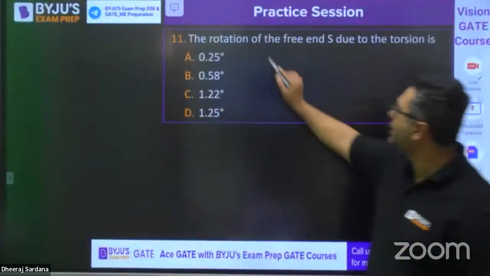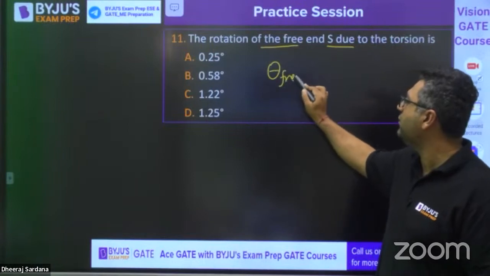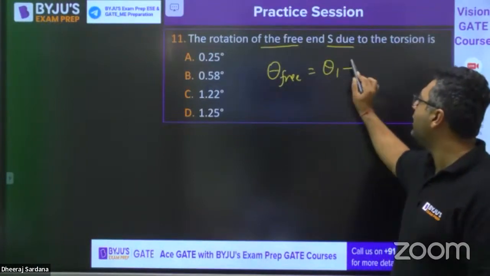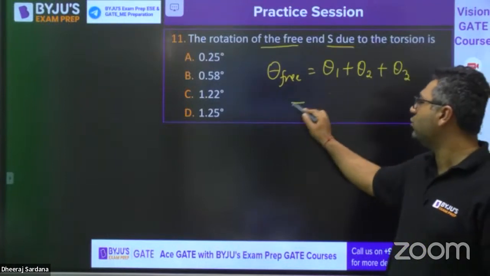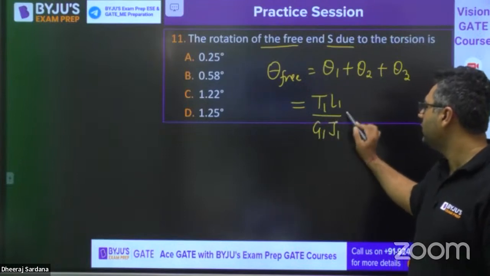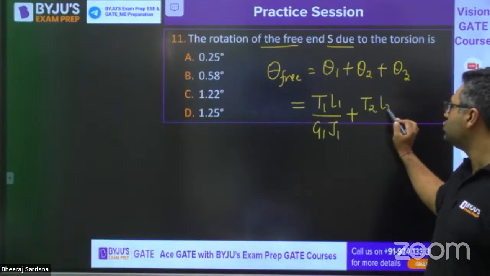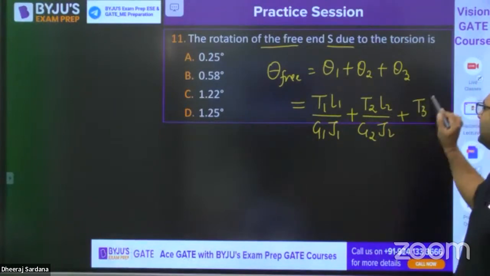Okay, what is the second thing? Rotation of the free end. You know that the rotation of the free end will be nothing but theta of 1 plus theta of 2 plus theta of 3. That is T1 L1 by G1 J1 plus T2 L2 by G2 J2 plus T3 L3 by G3 J3.